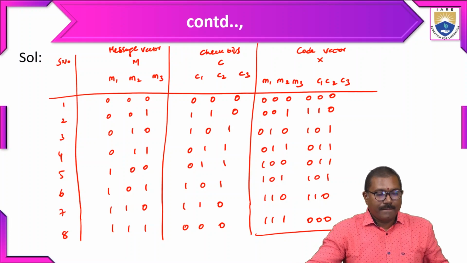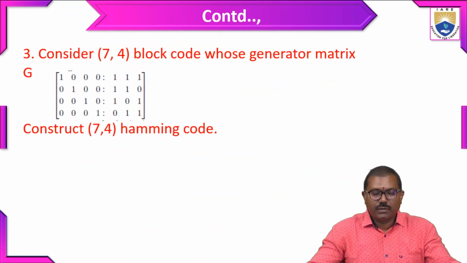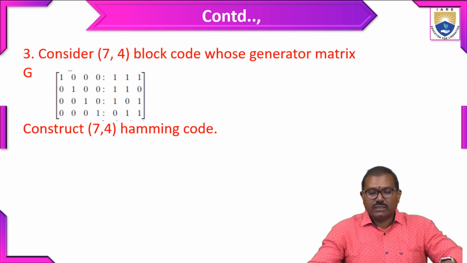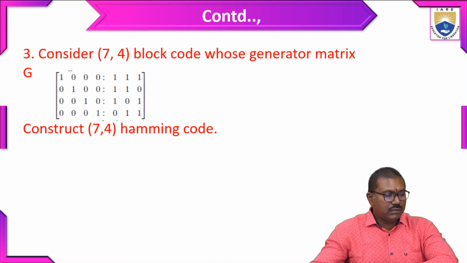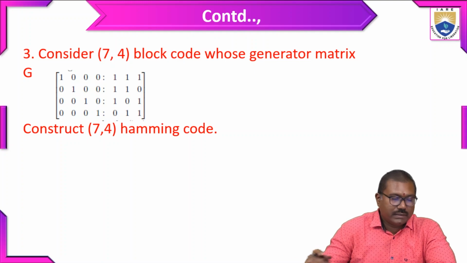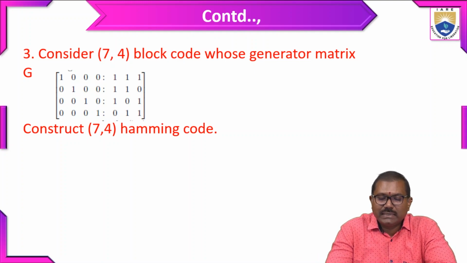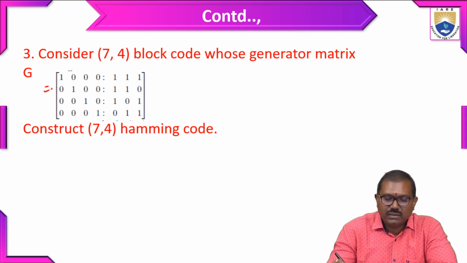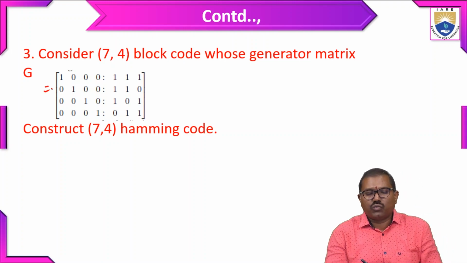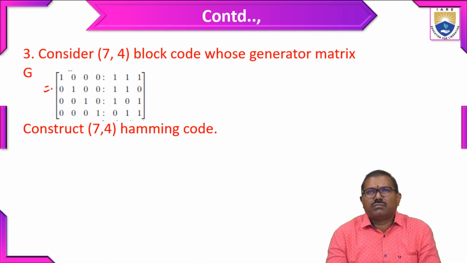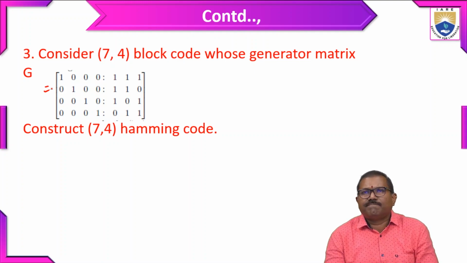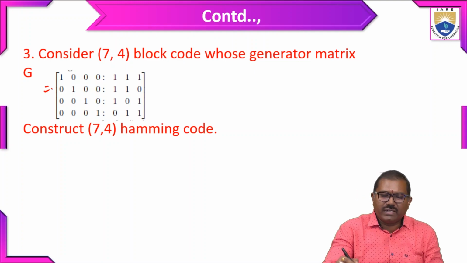Okay, coming to another problem. This is my third one. Consider a (7,4) block code whose generator matrix is given. Consider a (7,4) Hamming code. So they simply ask for the code or simply the block code.